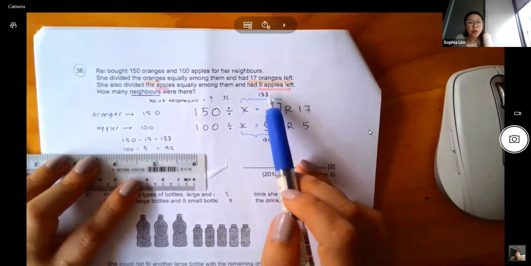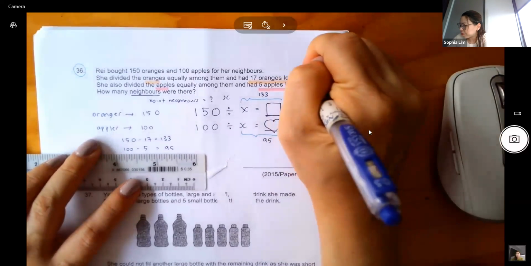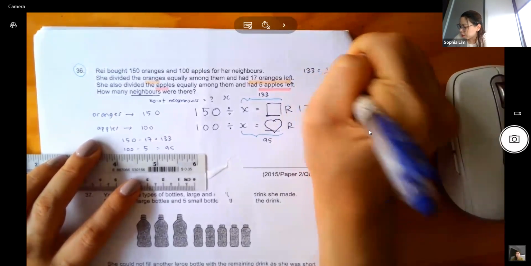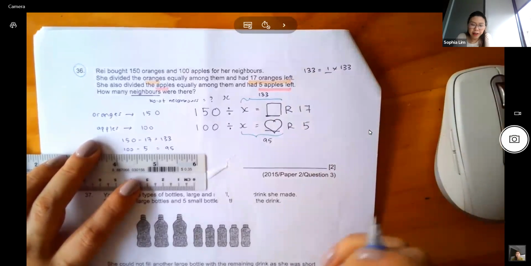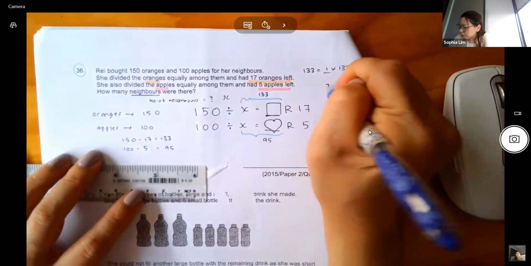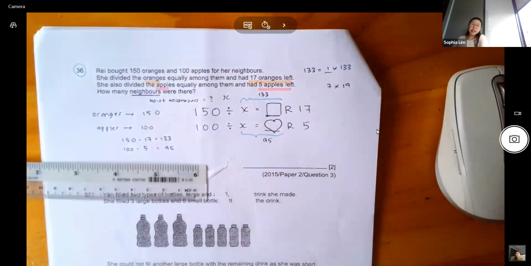So I am going to work with the factors of 133 instead. You will find that 133 is equivalent to 7 times 19.